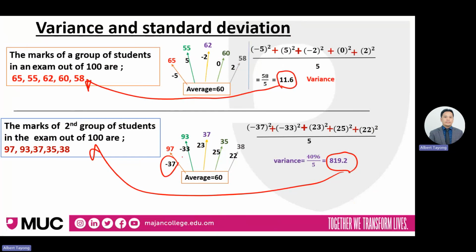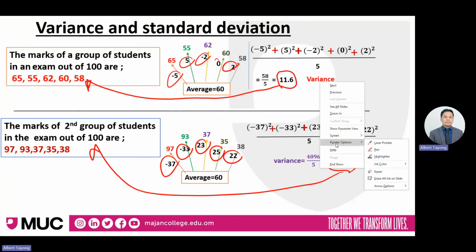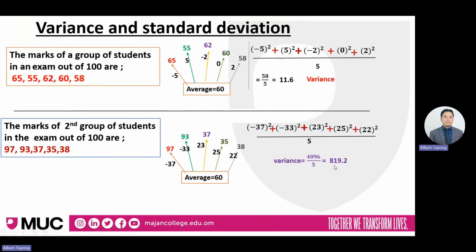Why? Because the deviations, the differences, are bigger. Here we have only 5 and 2 as the differences from the mean. Here, the differences from the mean are higher. So that makes our variance very high, 819.2. So it tells us that most of the scores are away from the average or the mean.